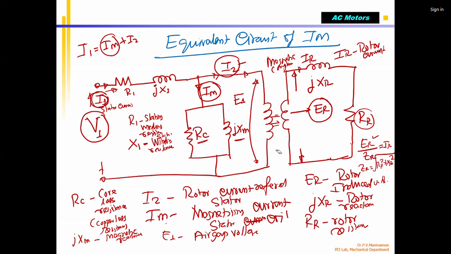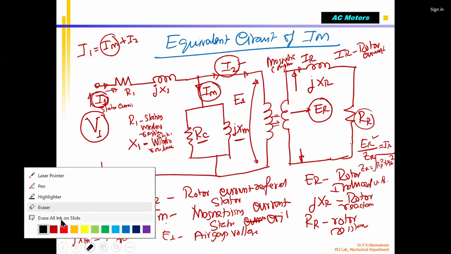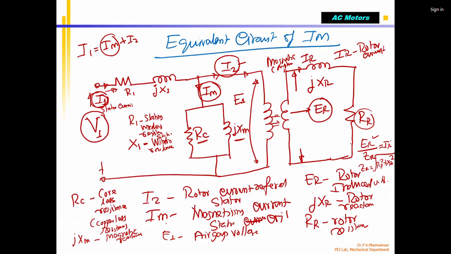Current decides the magnetic flux strength, and that decides the torque produced. We know this equation: voltage divided by impedance decides the current. Take IR, the induced voltage divided by ZR, where ZR is the square root of resistance squared plus reactance squared.